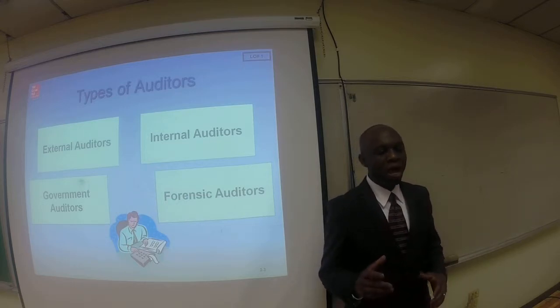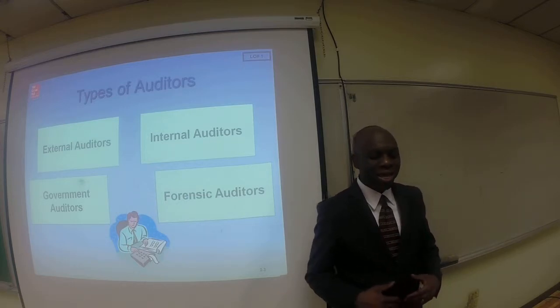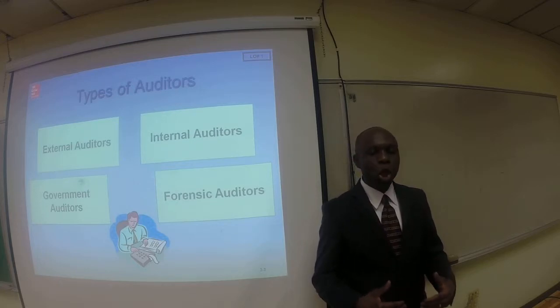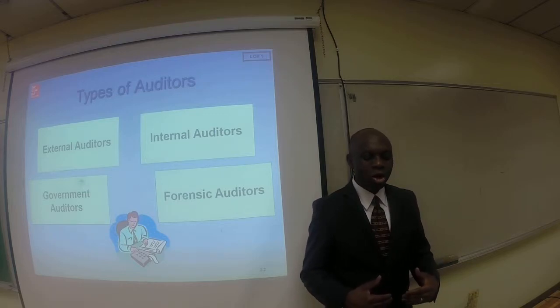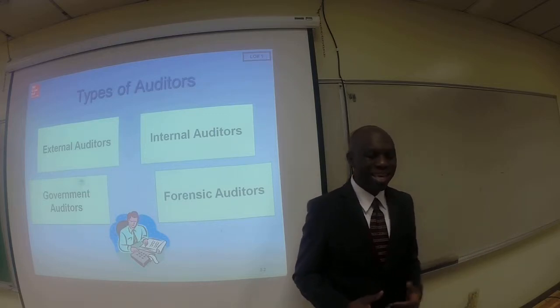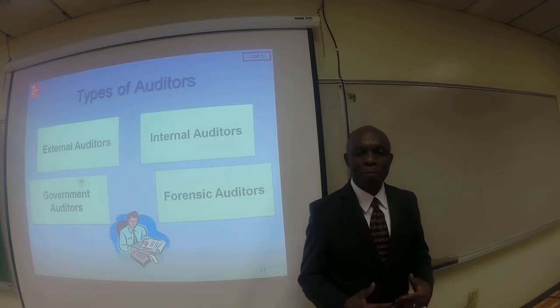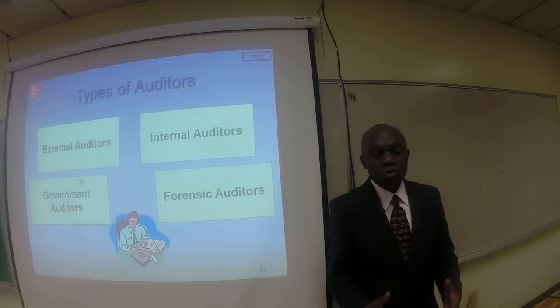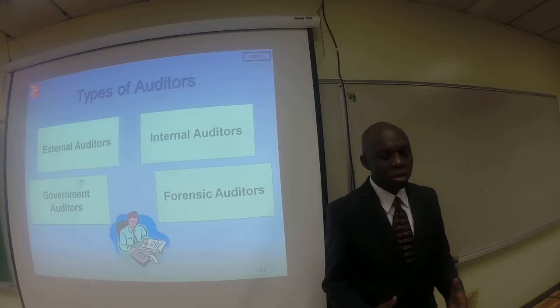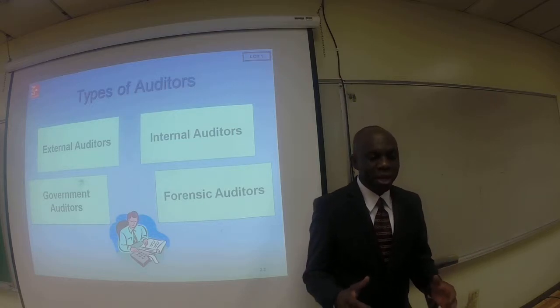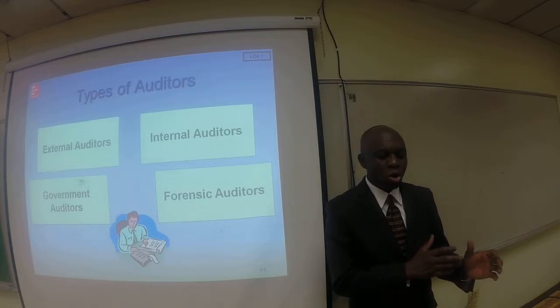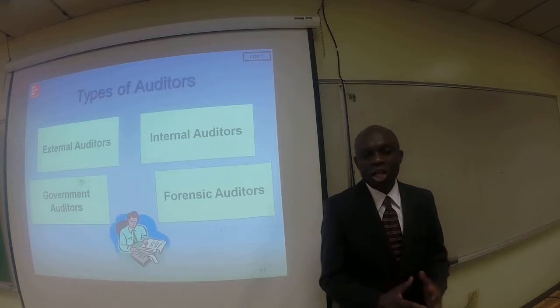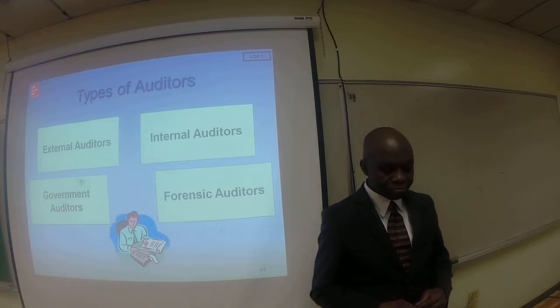Number 2, we have internal auditors. Internal auditors are employees of the company that they work for. They are not independent, unlike the external auditors. In other words, they are not independent of the company that they work for. These individuals can actually be CPAs as well, but they are not CPAs from the standpoint of being independent of the company that they audit.